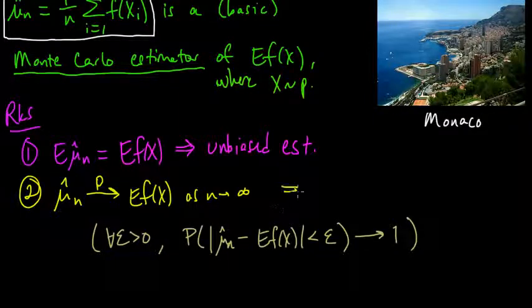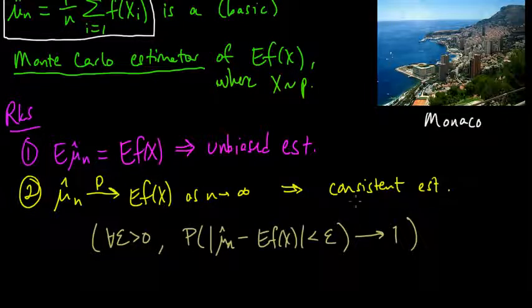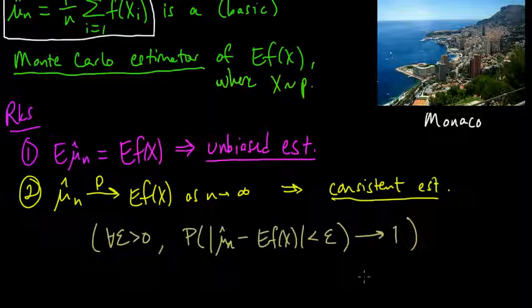When this occurs, we say that mu hat n is a consistent estimator. So a Monte Carlo estimator is consistent in addition to being unbiased. And that's nice, always a good thing to have.